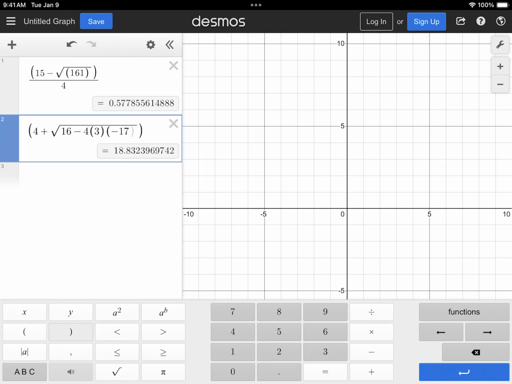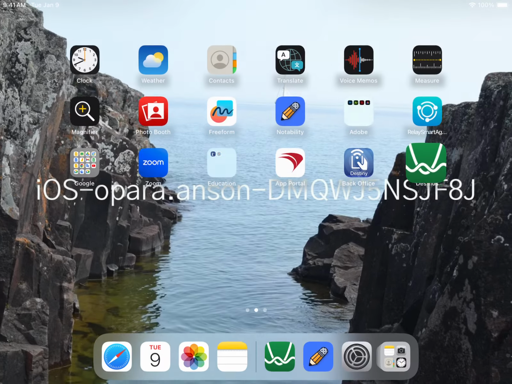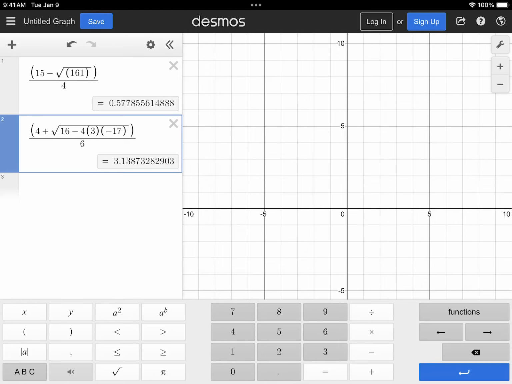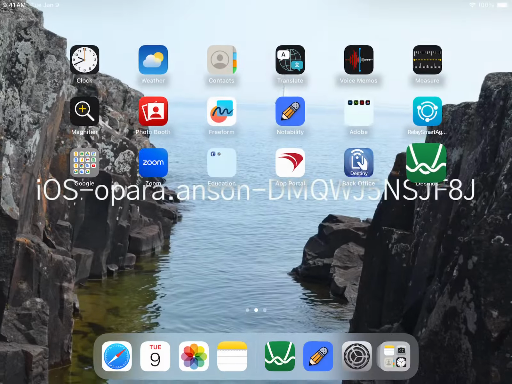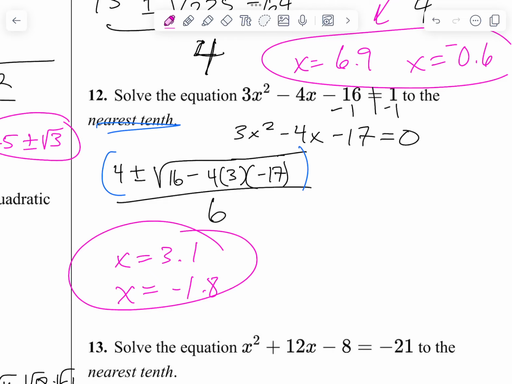Let's bump outside here. And then divided by 2 times a, which is 6. So one of my answers is 3.13 or 3.1. So one of my answers is going to be x equals 3.1. And then the other one, I go back to Desmos, and I change that plus to a minus, and I get negative 1.8. That should be what's on the answer key.